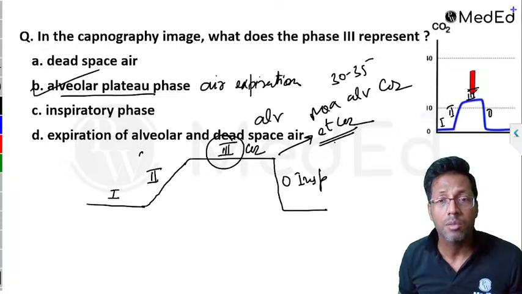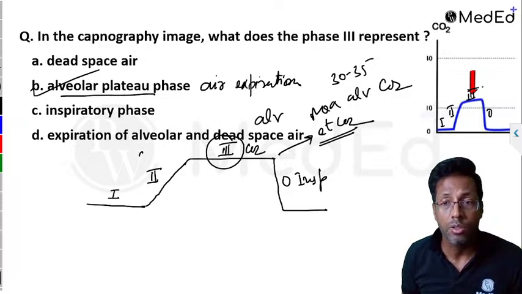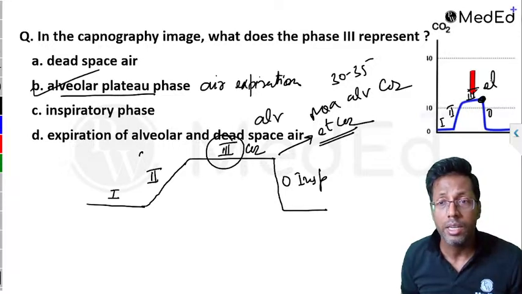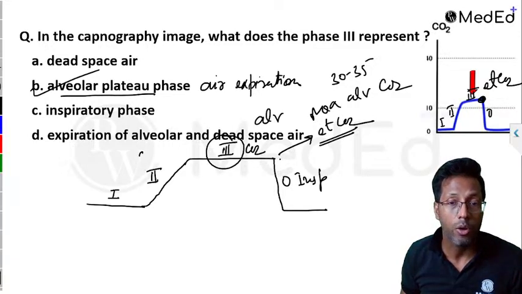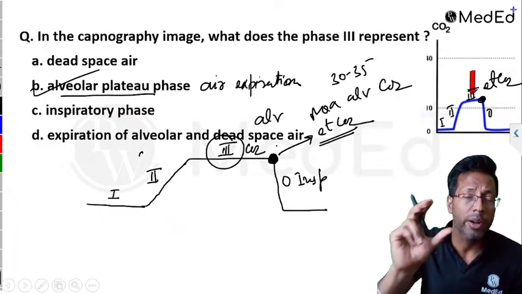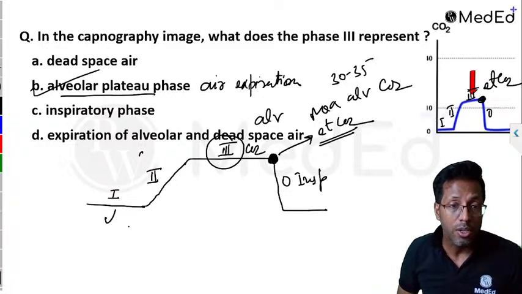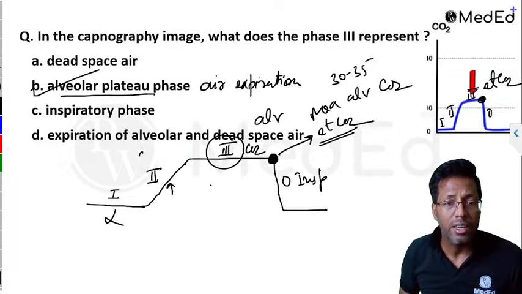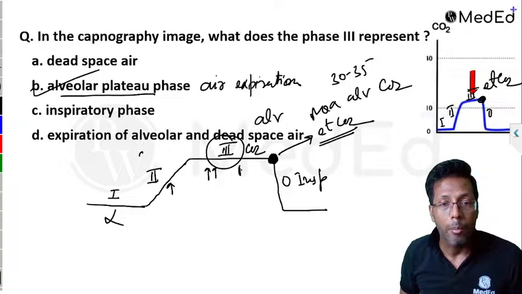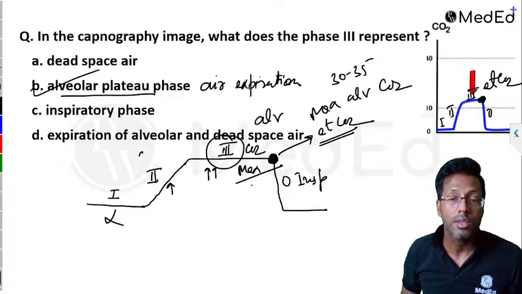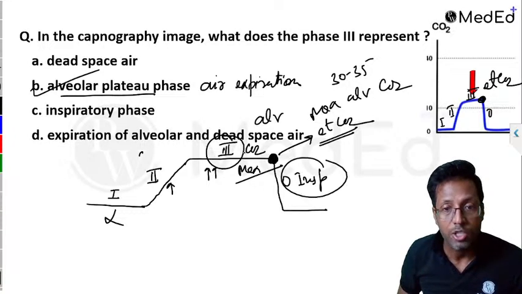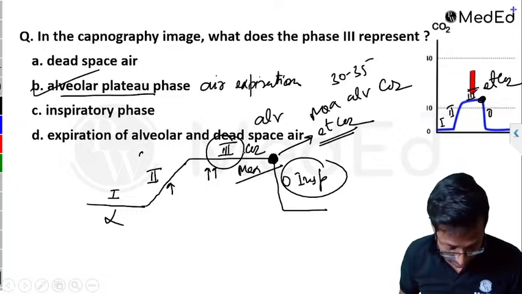This point is called EtCO2, end tidal carbon dioxide. It was the maximum carbon dioxide detected in a patient. So when carbon dioxide is coming out, initially there is no carbon dioxide, then a slight increase, then more increase, and the maximum is seen over here, which is end tidal carbon dioxide, and after that inspiration takes place. That's why the graph looks like this.